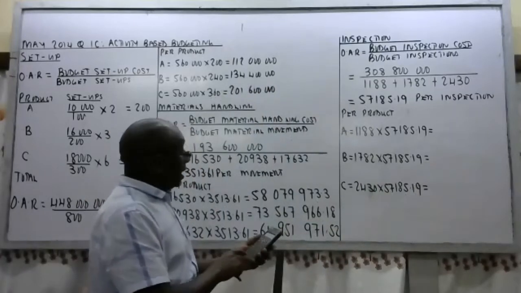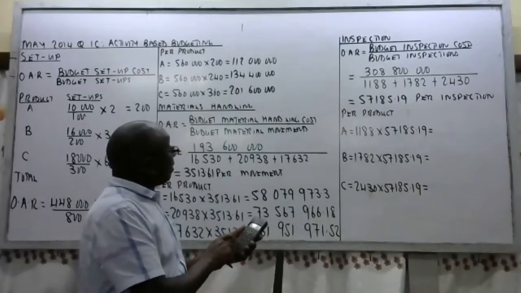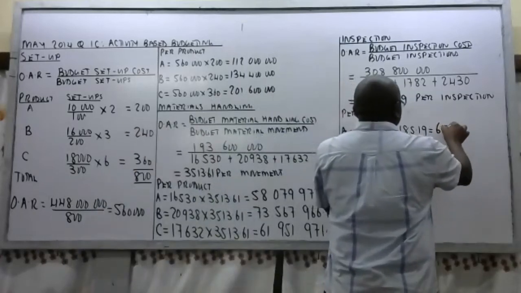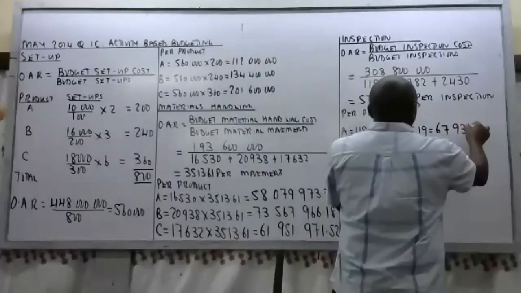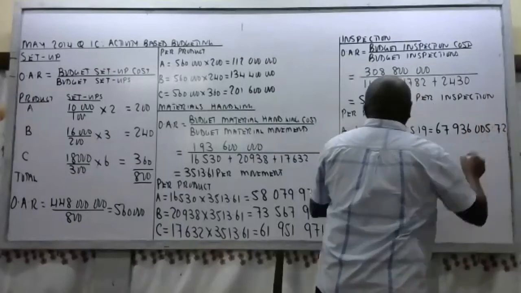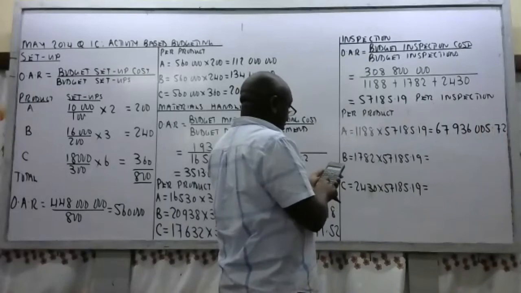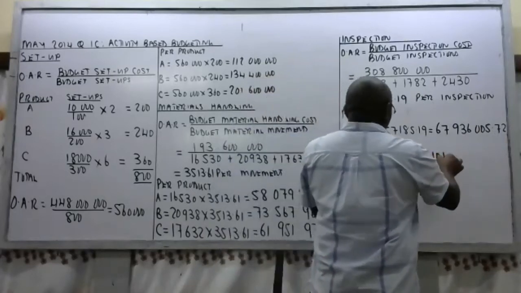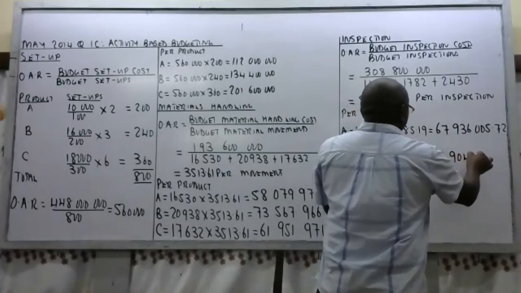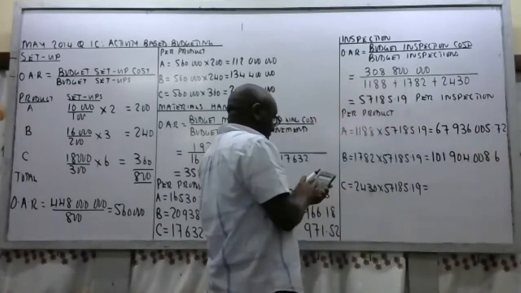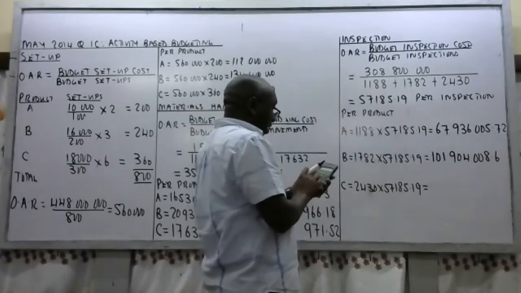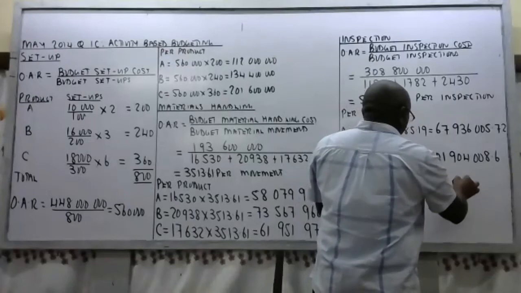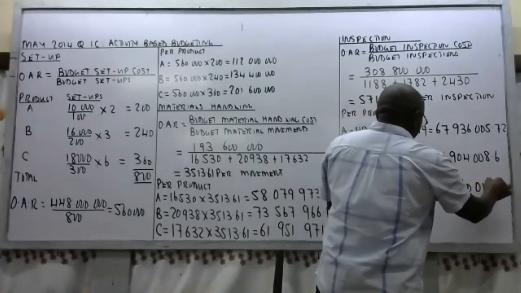So if you take the calc, I have 1188 times 57,185.19 is 67,936,005.72. 1782 times 57,185.19 is 101,904,008.6. 2430 times 57,185.19 is 138,960,011.7.